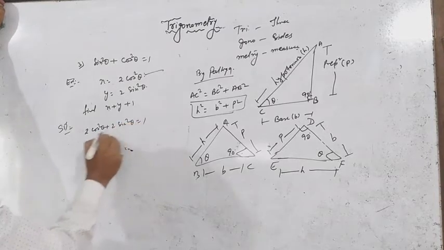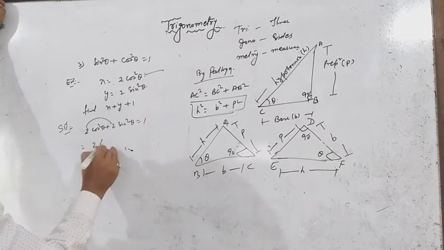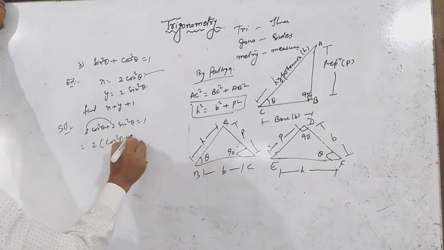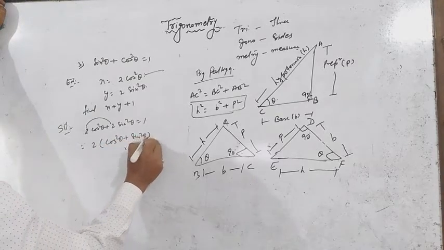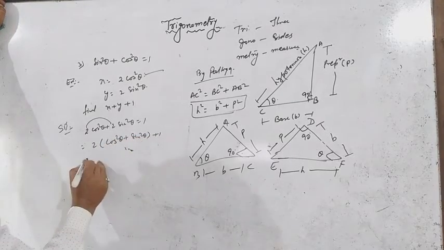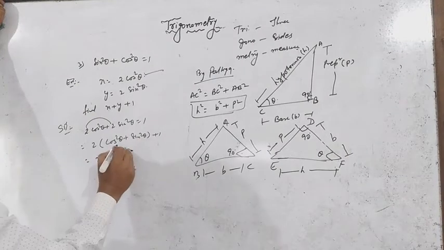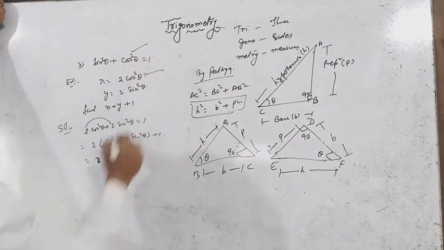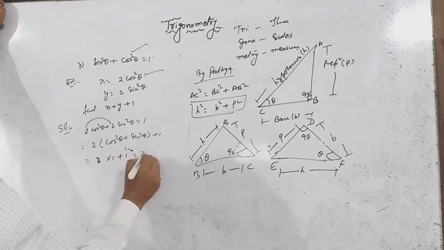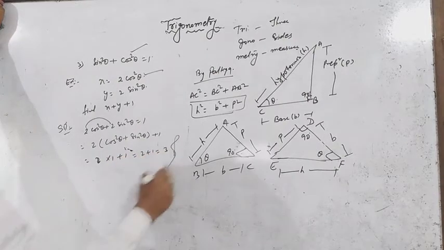Then 2 is common, so 2 times cos square theta plus sin square theta. Put this value equal to 1. Then 2 times 1 is 2, so x plus y equals 2.